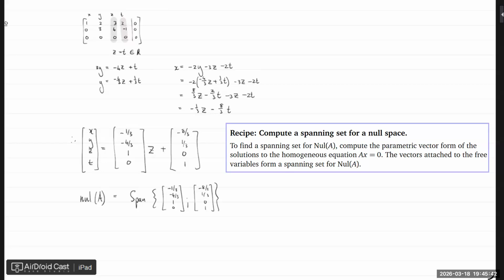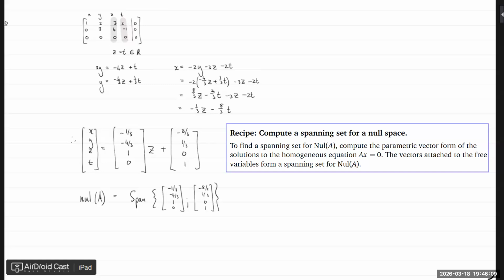You see? So think of it like that. How did we get to the null space? We asked, what should the solution set be? You remember the solution set? What is the solution set if I want to get to 0? And here we have the solution set. Then, what does this span? That is then the null space.